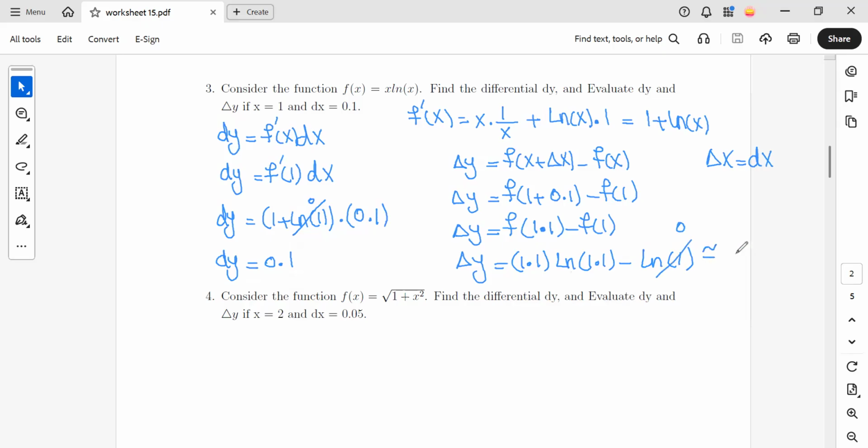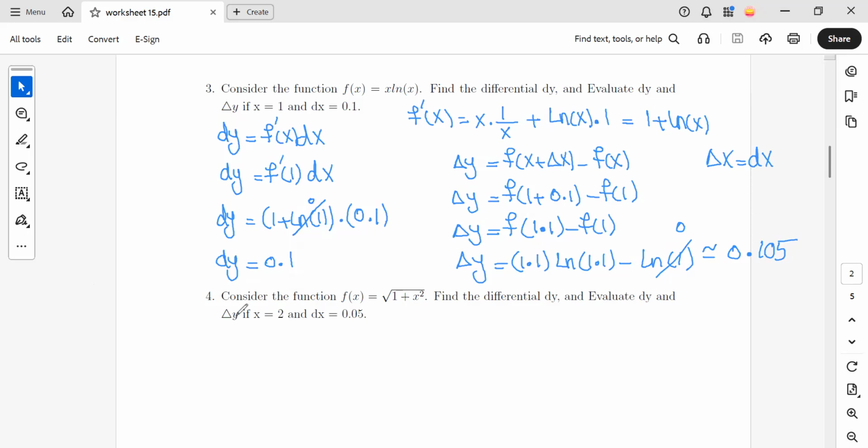So using the calculator, you would get 0.105 as the answer. As you see, these are approximately the same. We know that delta x is the same as dx, but delta y is approximately the same as dy.